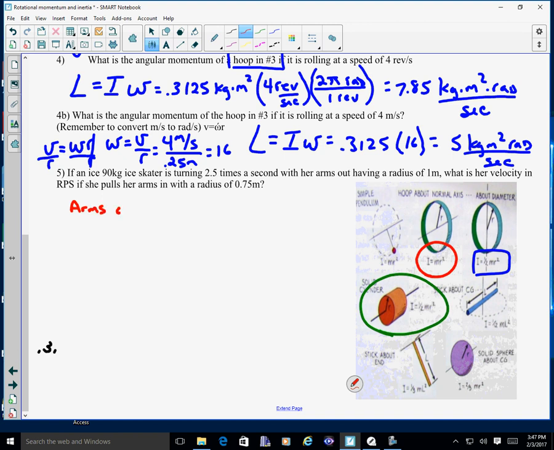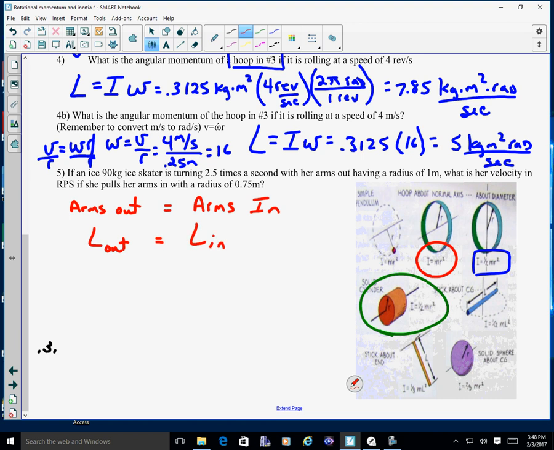So I could say the L out has to equal the L when her arms are in. And the formula in the physics book is mass times velocity times radius. So I'm going to have mass times velocity times radius when her arms are in. This is her radius when her arms are out.